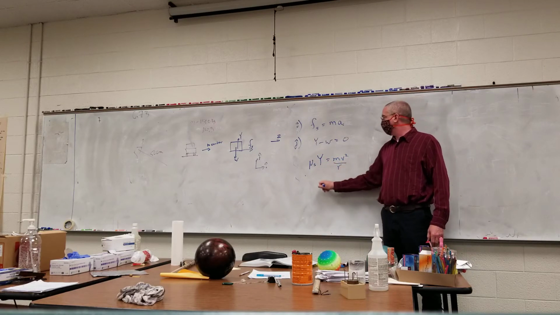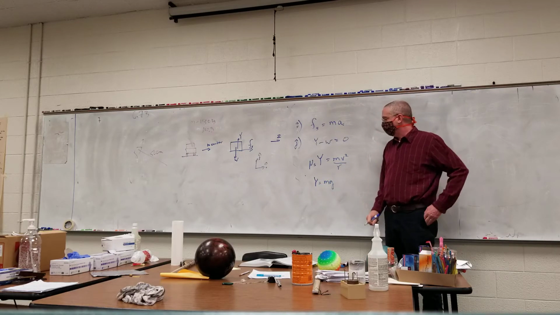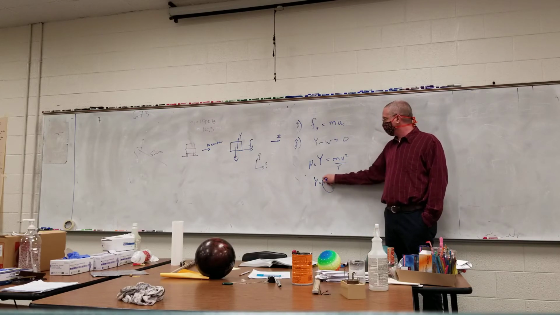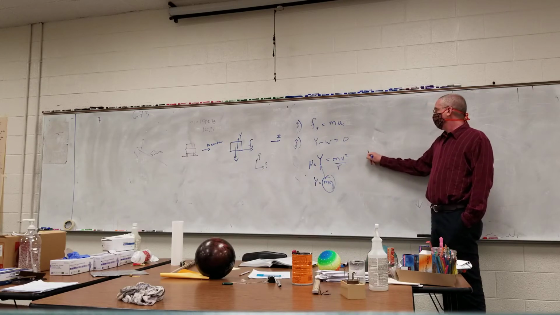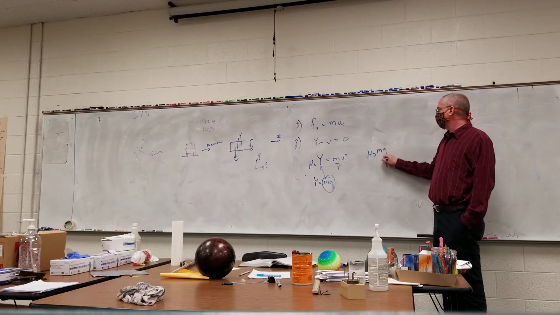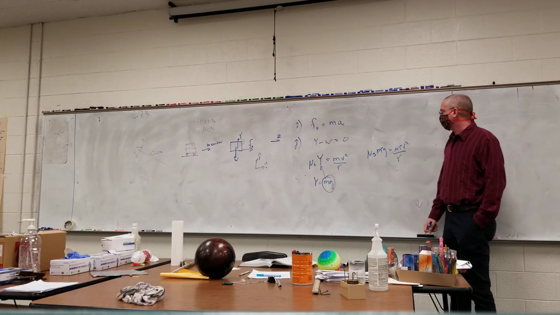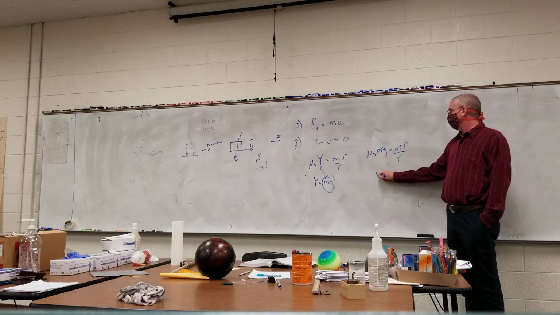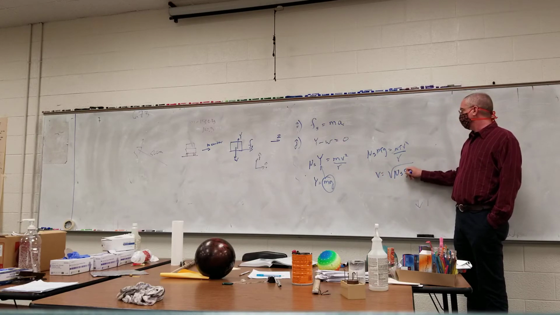So Fs is mu s N, a_c is v squared over R, and N equals mg. So now it's a matter of plugging in. So mu s mg equals m v squared over R. The masses cancel, and v becomes the square root of mu s g R.